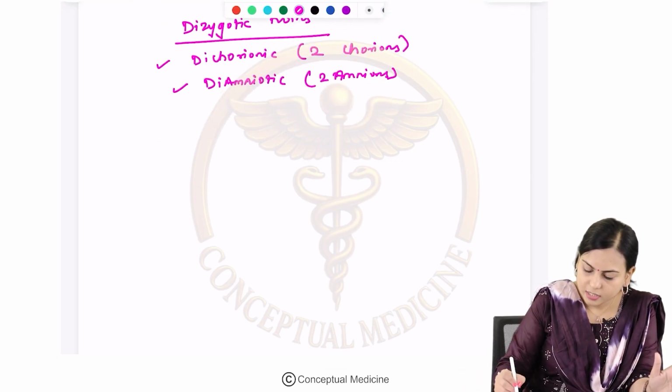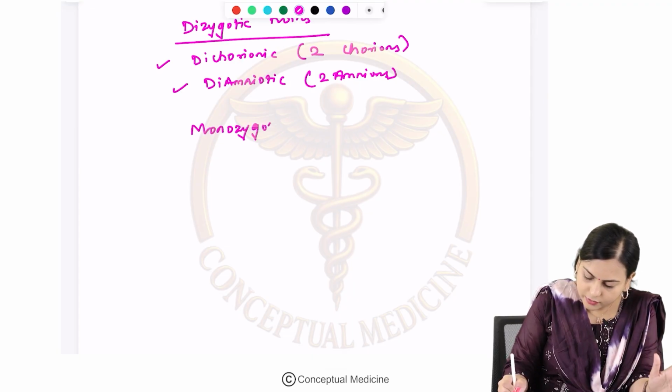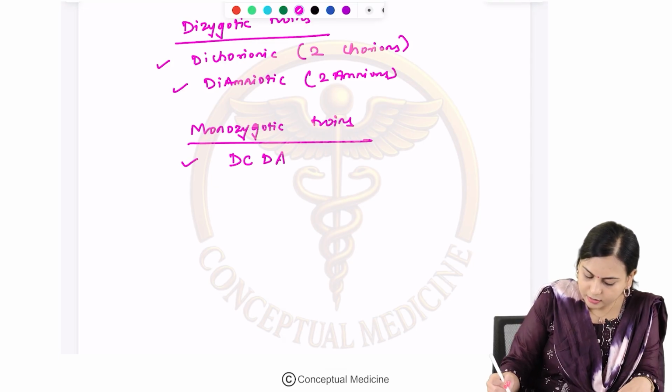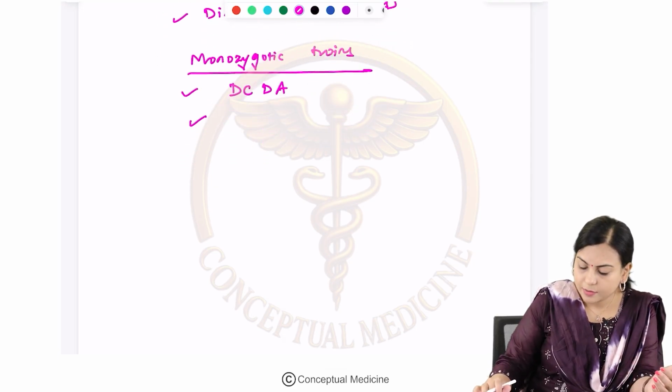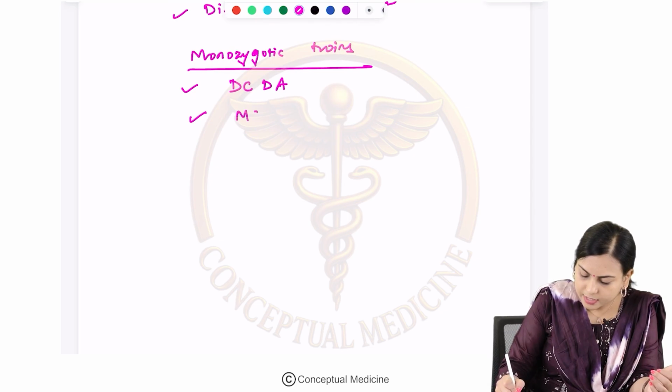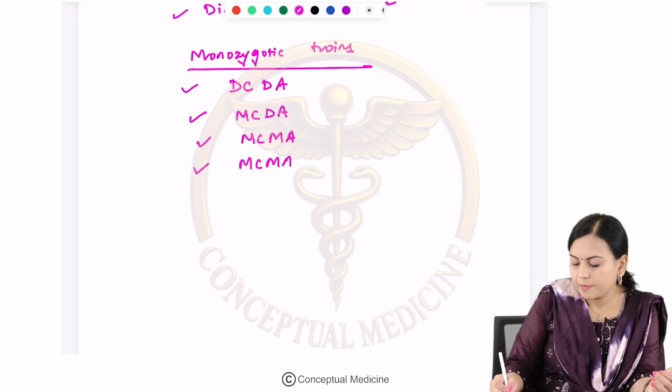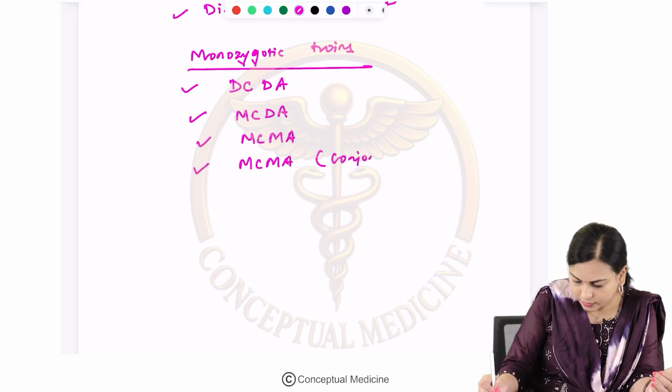If we see monozygotic twins, you can have DCDA, or MCDA, or MCMA, or MCMA conjoined twins.